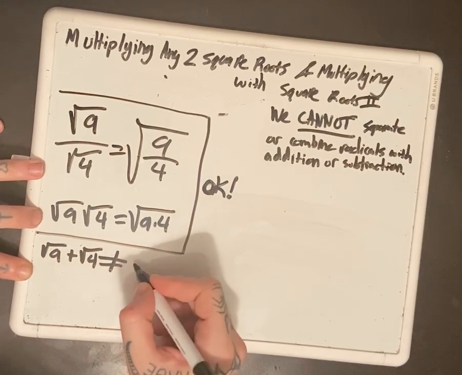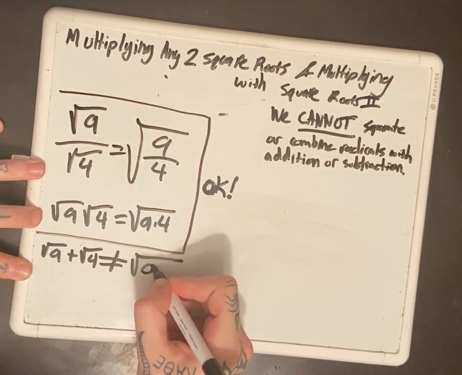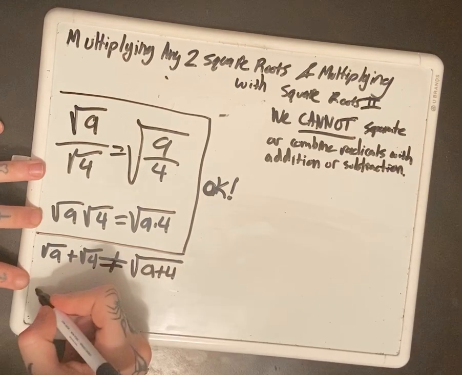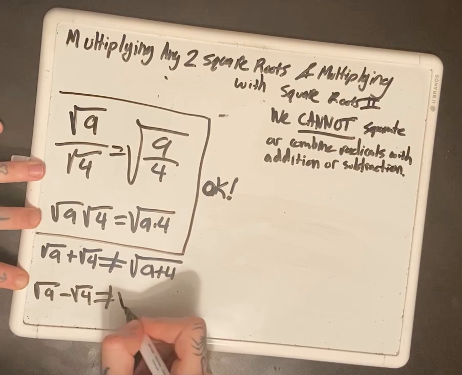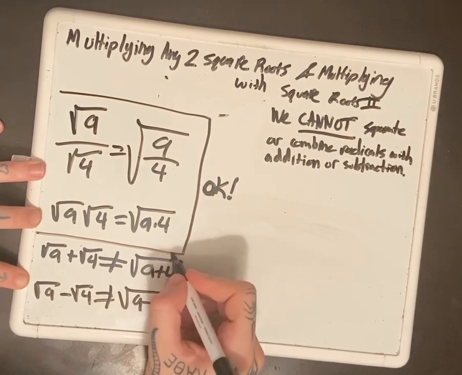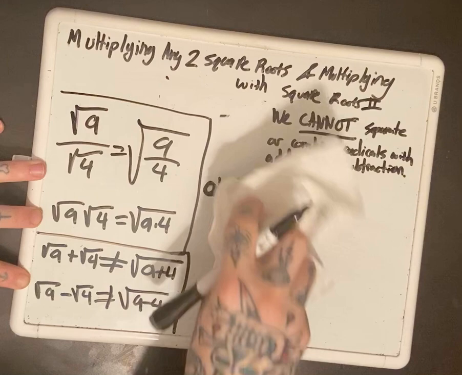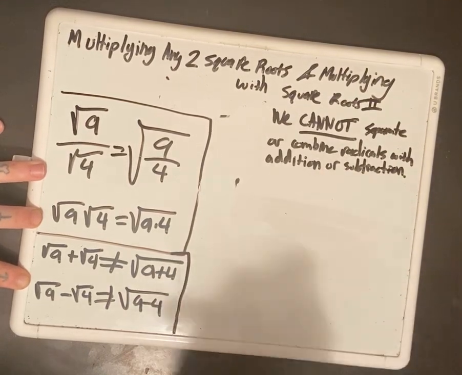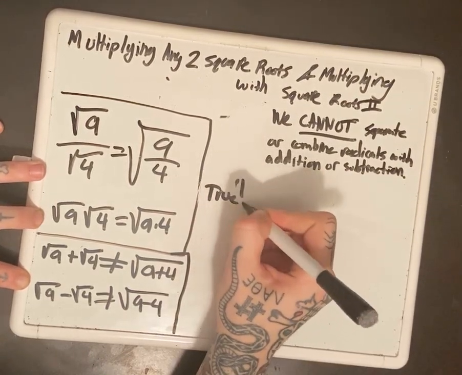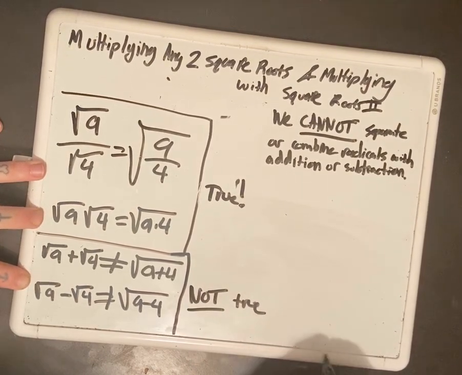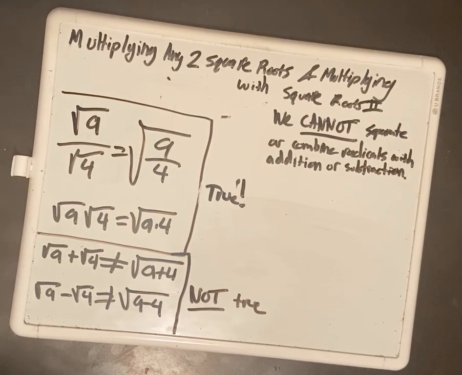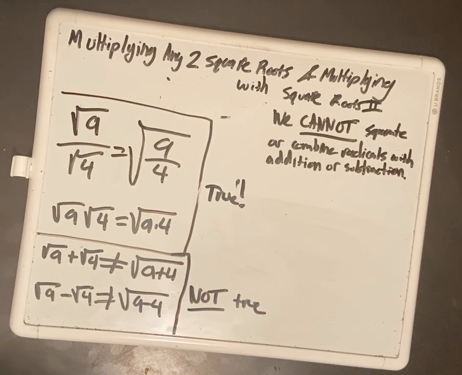These are not okay. These are not true. Let's get rid of that. True. Not true. Okay? All right, at this point, you should be able to finish the handout.